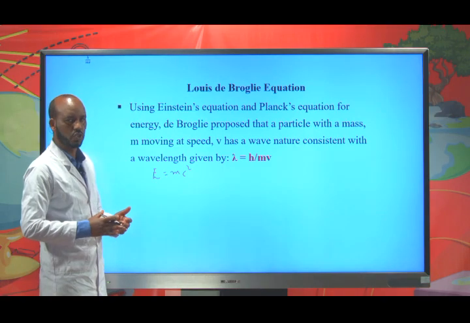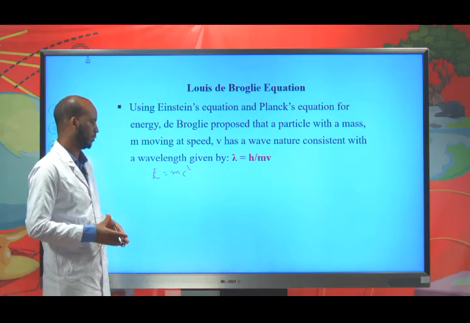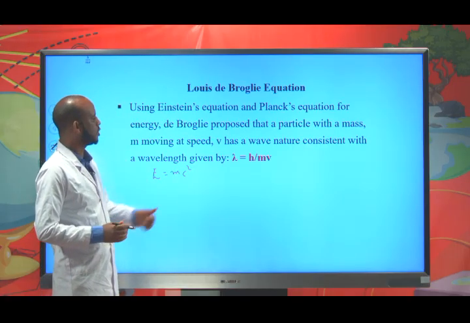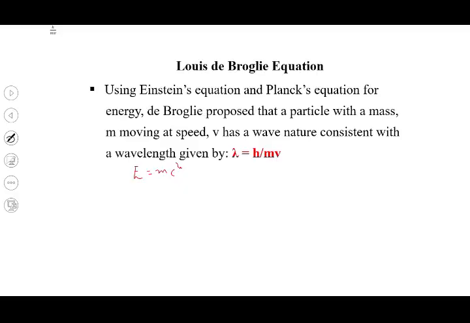The significance of this equation is that energy has a mass. Again, Planck's equation for energy: the change in energy, delta E, equals h times frequency, Planck's constant times frequency, which is speed of light divided by wavelength.